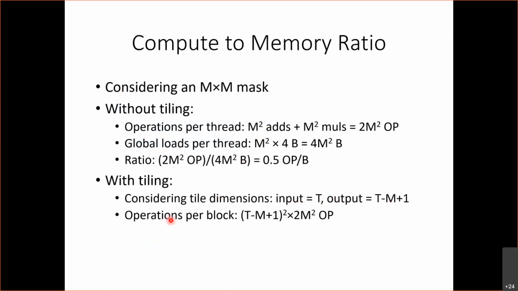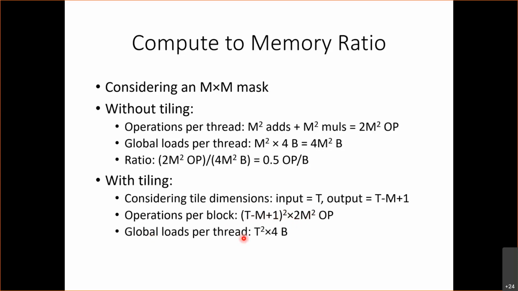So my operations per block are going to be (t minus m plus 1) squared, this is the output tile, times 2m squared. So (t minus m plus 1) squared is the number of output elements I'm computing in the block, and m squared is the number of mask elements that I go through for every output element. And 2 here is 1 for multiplication, 1 for addition.